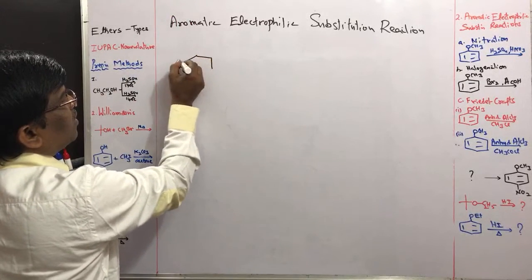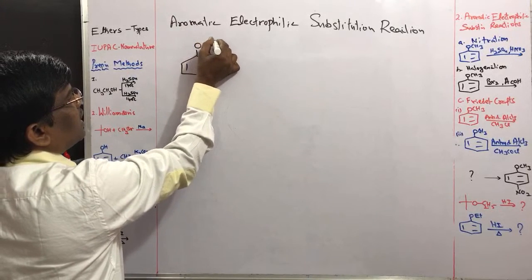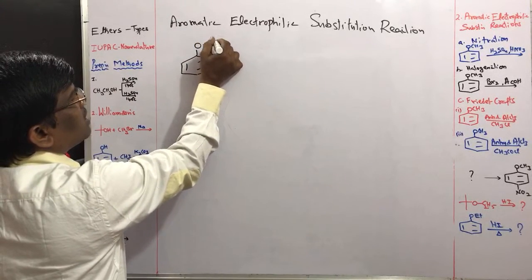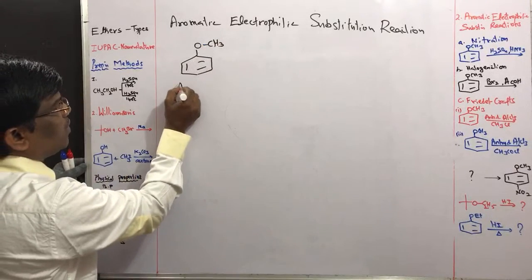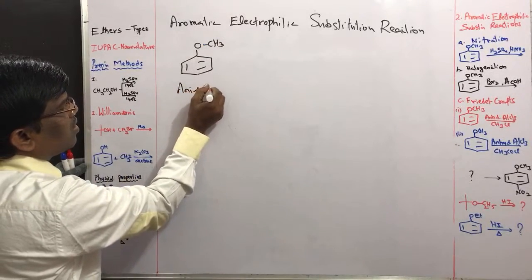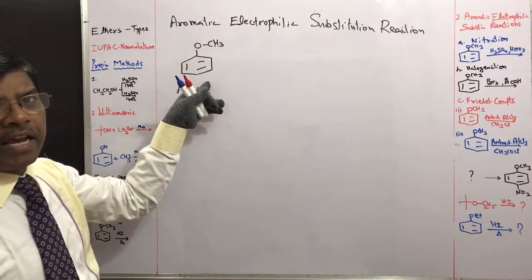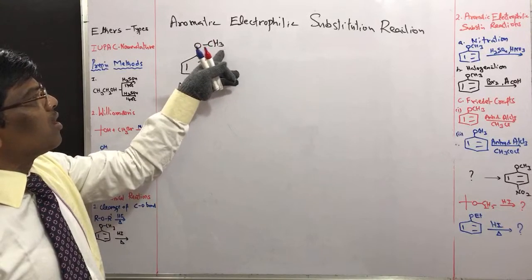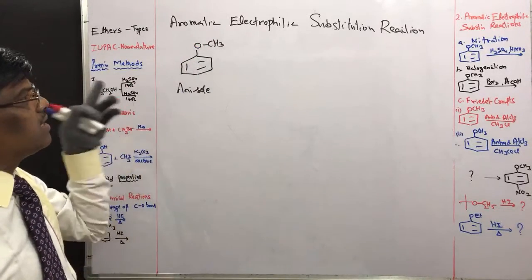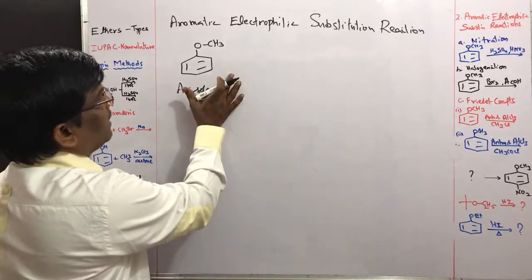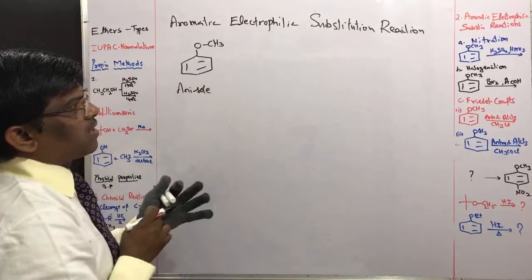So I will stick to anisole. The easiest or best example to be learned is anisole. The name is anisole. Anisole is methoxybenzene by IUPAC name, or methyl ether of phenol.